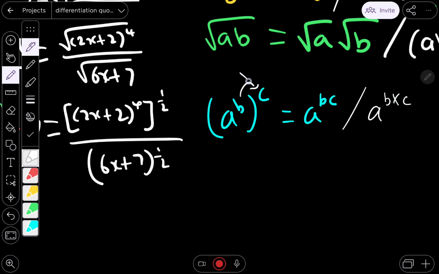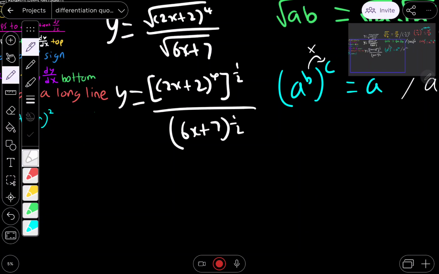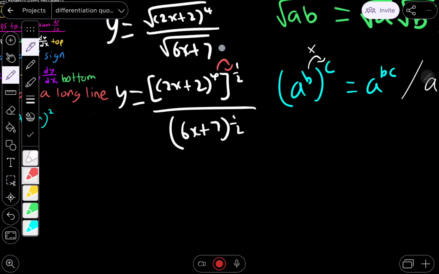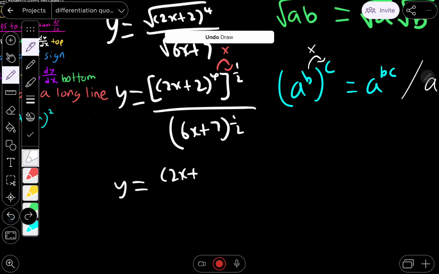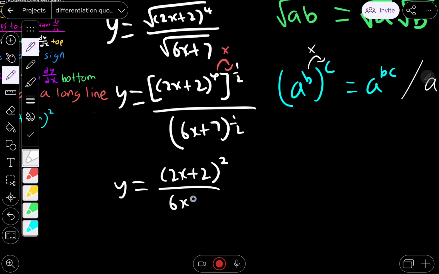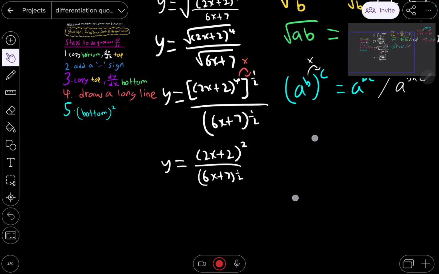So when this one goes here, it is a times. I am going to expand the 4 in here and multiply it to make it a simplified version, easier to solve. So y will be equal to (2x plus 2) the whole thing squared, because 4 times half is the same as 4 divided by 2, which is 2, over (6x plus 7) to the power half. Now we are going to start differentiating.